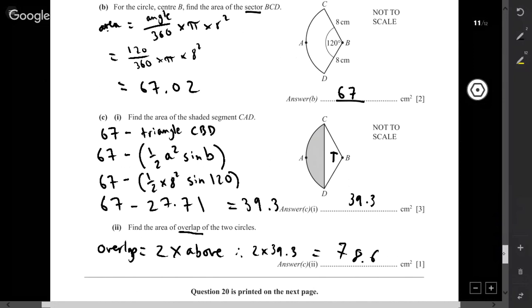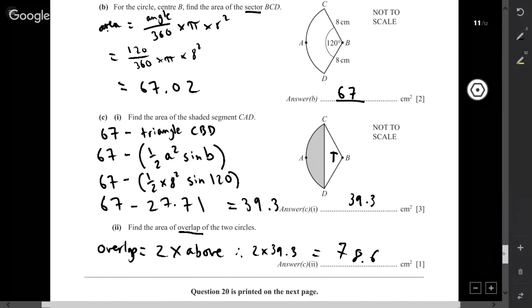That gives us the area of a triangle. We know all of these measurements from above. So we put in half times 8 squared, sine 120. Put that into a calculator, it gives 27.71. We minus it from the overall area to give us this small shaded area, and that works out as 39.3.